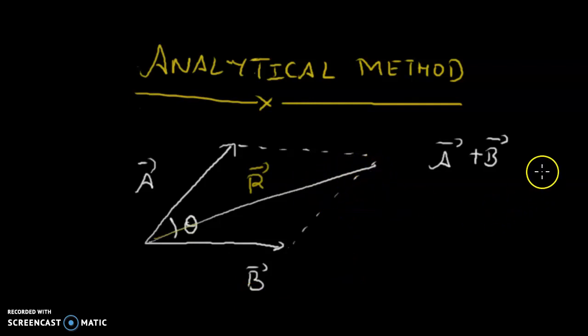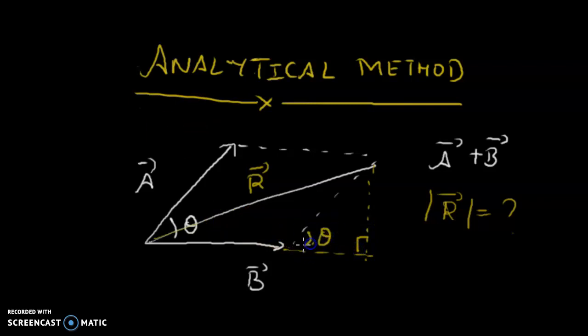Now I need to find what is R, its magnitude, direction, angle and everything. So I drop a perpendicular over here. This angle would be theta, in the parallelogram.